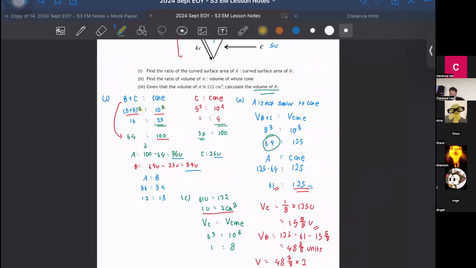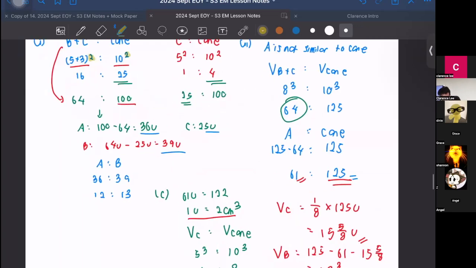The 9 of you here who tried the mock paper, you all drew the graph. The red color portion, okay?